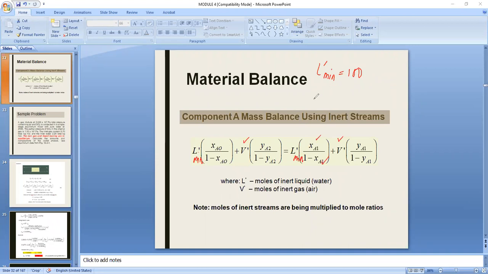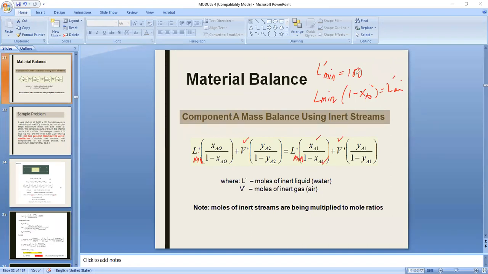If the problem requires the minimum solvent requirement, and your solvent has a certain amount of A, it's really requiring you to give the L minimum. So L minimum times 1 minus XAO is equal to L prime minimum. The amount that does not contain the A is this, right? That's your L prime minimum.